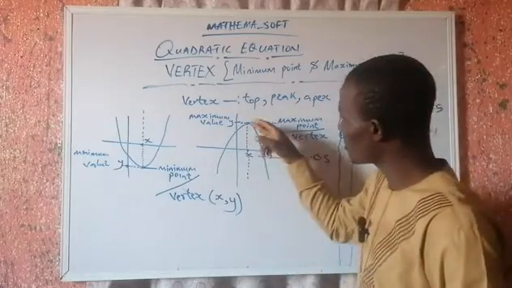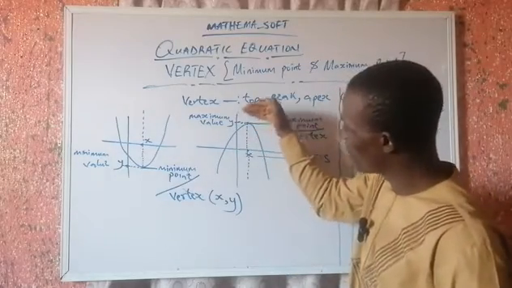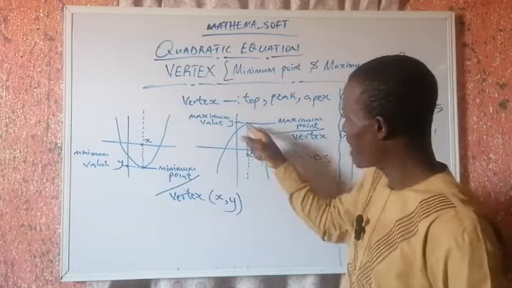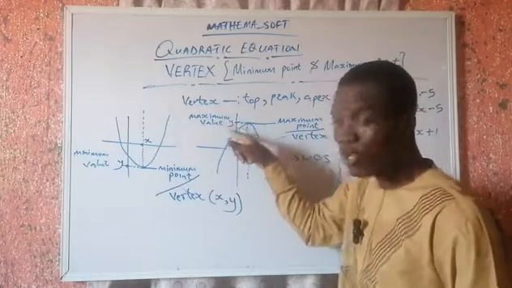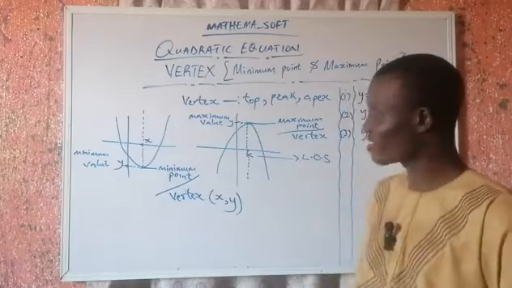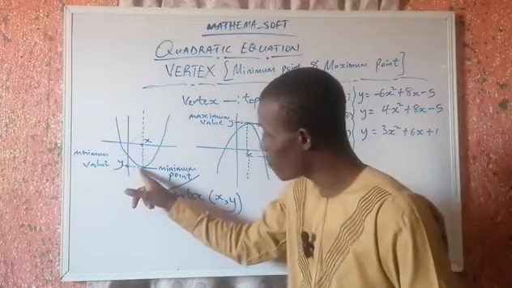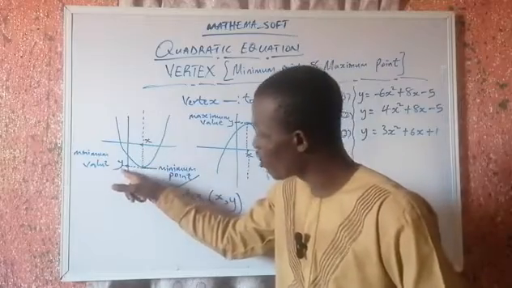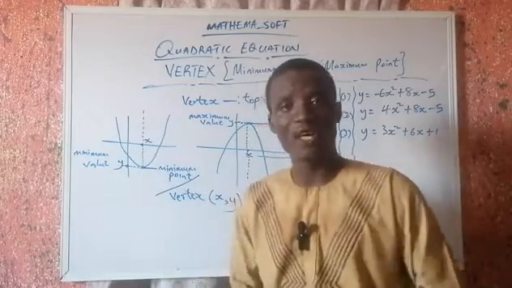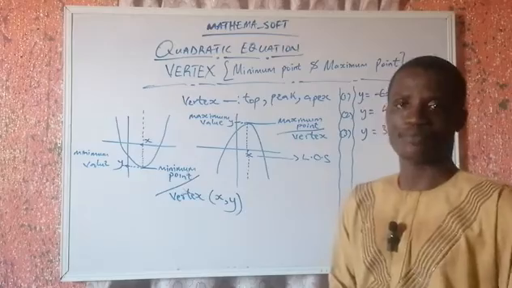We are just interested in the value of this peak, and that is why we say that the maximum value can only be gotten on the y-axis, and the minimum value in the case of a U-shaped quadratic curve can also only be gotten on the y-axis.